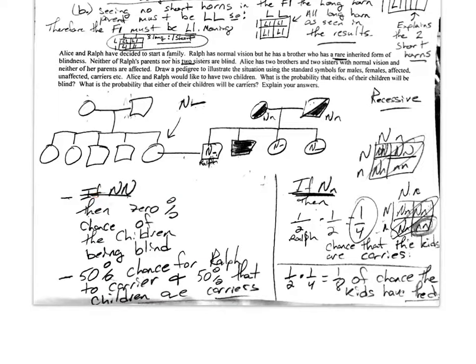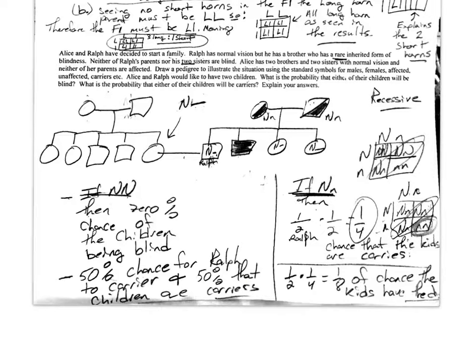If Alice is big N, then you have a 0% chance of children being blind, because she doesn't have a little n to give. And then there's a 50% chance for Ralph to be a carrier, right? Because Ralph could be big N. We don't know. But there's a 50% chance that Ralph could be a carrier.